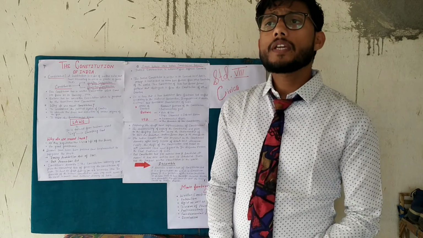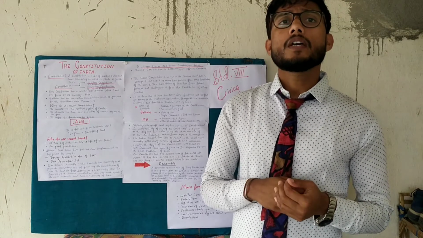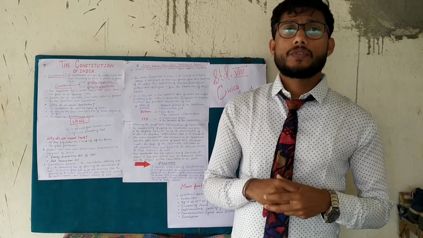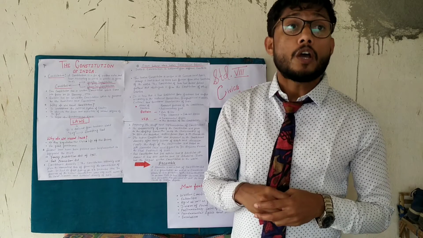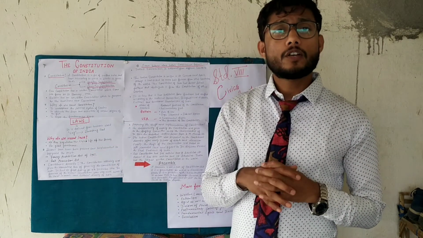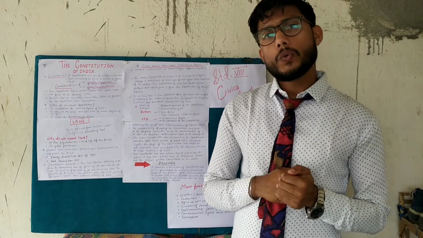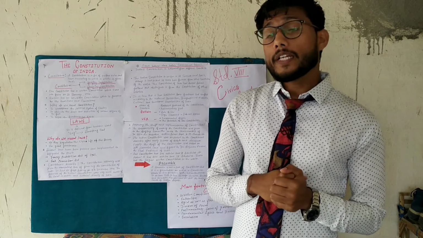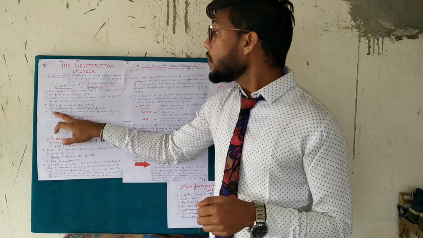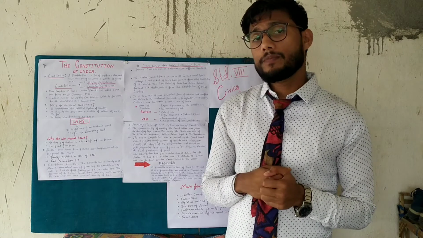Now the next question is, why do we need a constitution? Yes, we need a constitution for the smooth functioning of the country, to understand the political system, and to delimit the scope and activities of various organs of the government.